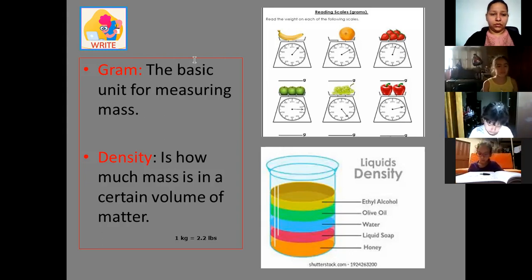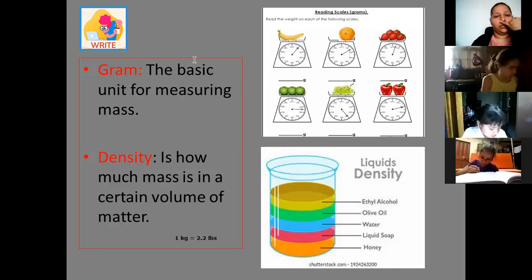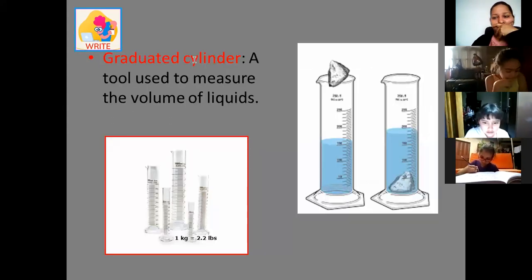I'm going to answer number 2. Okay, wait a second. No, Miss, it was in graduated cylinder. Check, Sophia. It wasn't this, it was graduated cylinder.